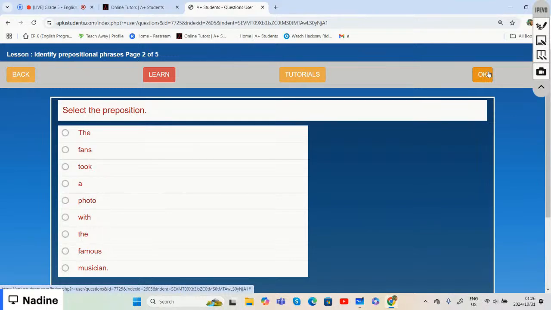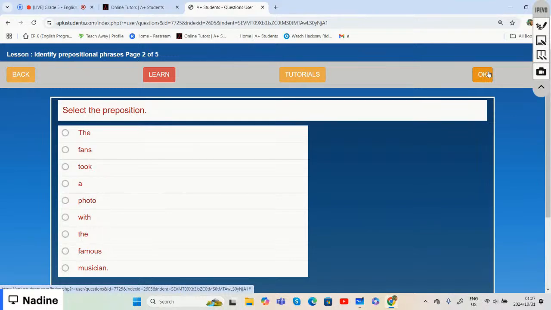The next one says select the preposition.